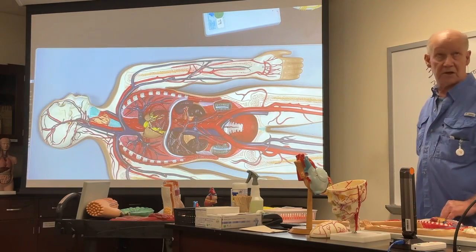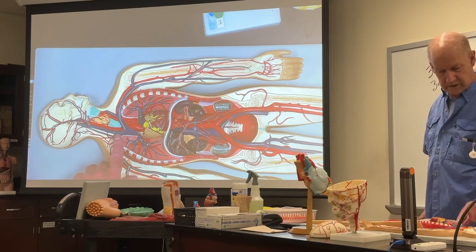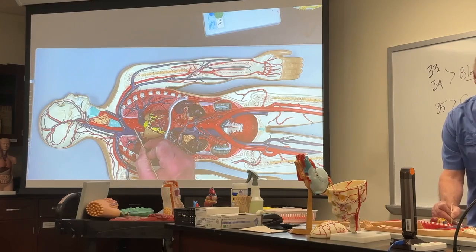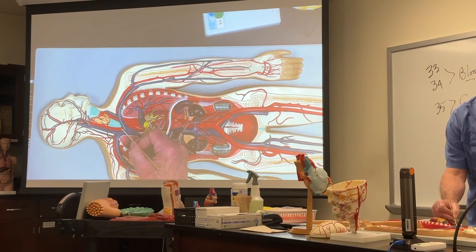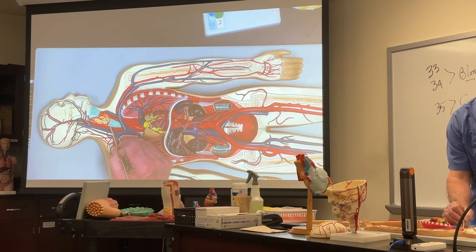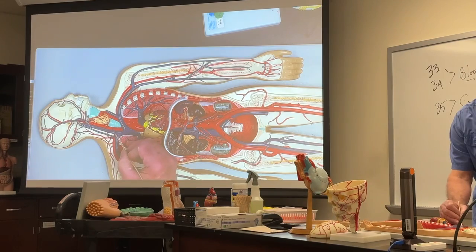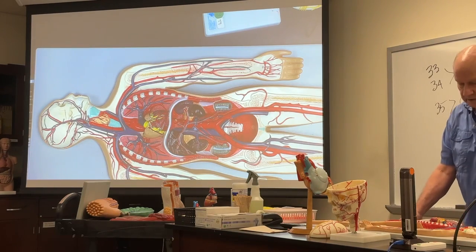Of course, the head's turned like this, so it's not going to be clear on both sides, but you can see right there off of the arch of the aorta, that little branch coming off here would be the brachiocephalic, and then this would be the common carotid, and then the subclavian. Over here, those same two branches come directly off the arch of the aorta. Okay?